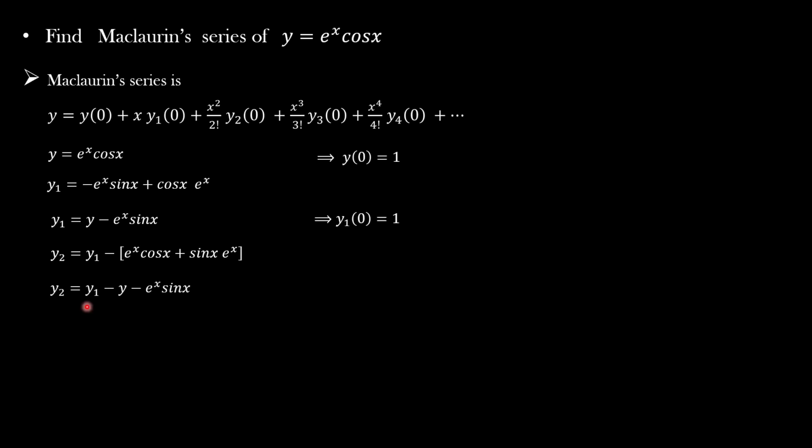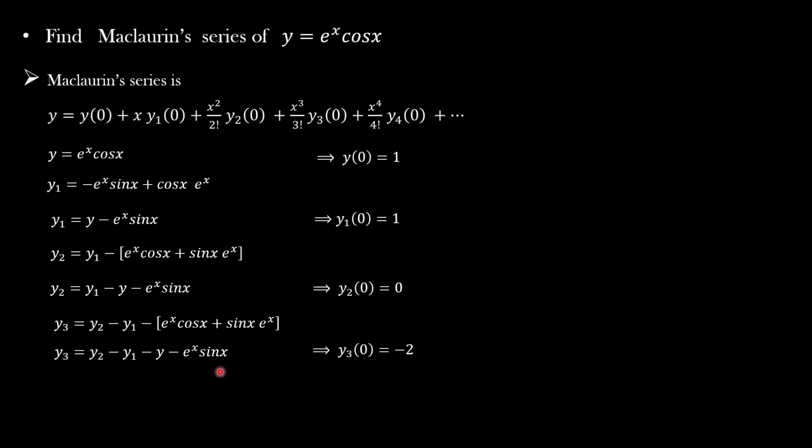Therefore, y2 is equal to y1 minus y minus e power x into sin x, which implies y2 of 0 is equal to 0. y3 is equal to y2 minus y1 minus y minus e power x into sin x, which implies y3 of 0 is equal to minus 2, and y4 is equal to y3 minus y2 minus y1 minus y minus e power x into sin x, which implies y4 of 0 is equal to minus 4.